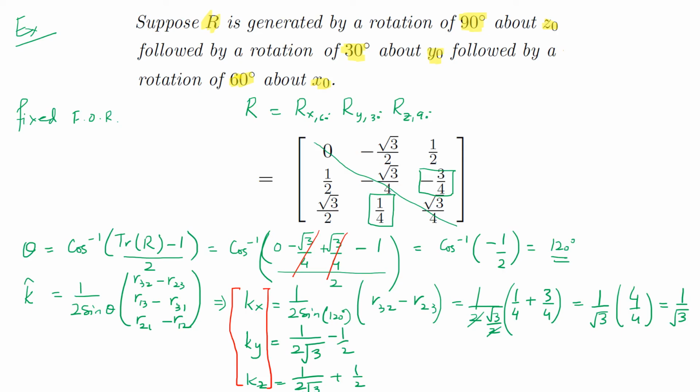Now it would mean in that sense that when you have these three rotations, in your case 90 degrees about the z-axis, then 30 degrees about the y-axis, and 60 degrees about the x0 axis, that would be equal to having 120 degrees rotation about an arbitrary vector k having these three components, 1 over root 3, then this element, and then this element.